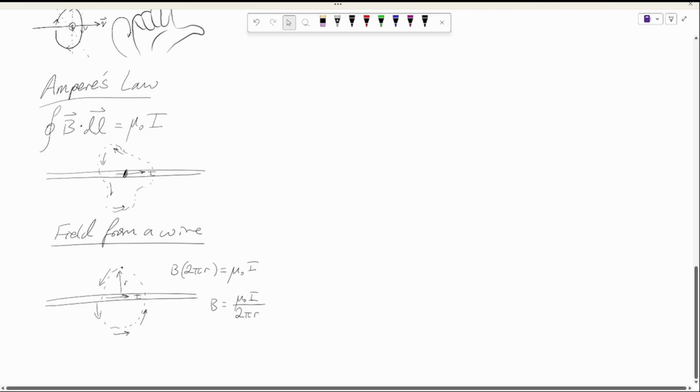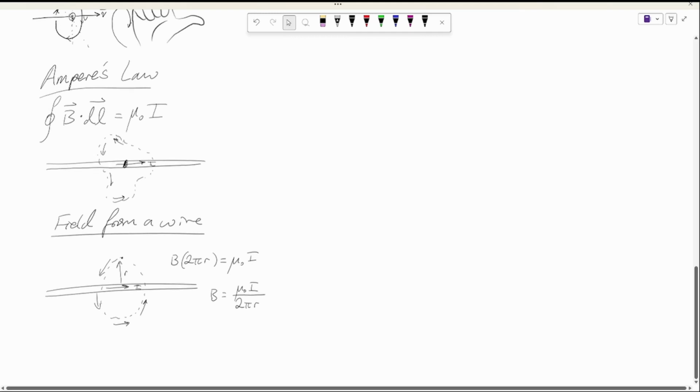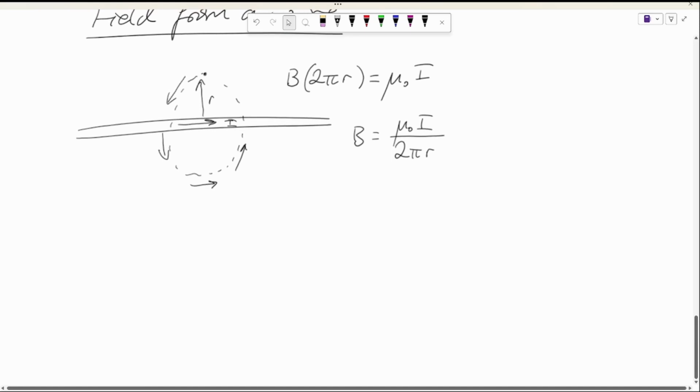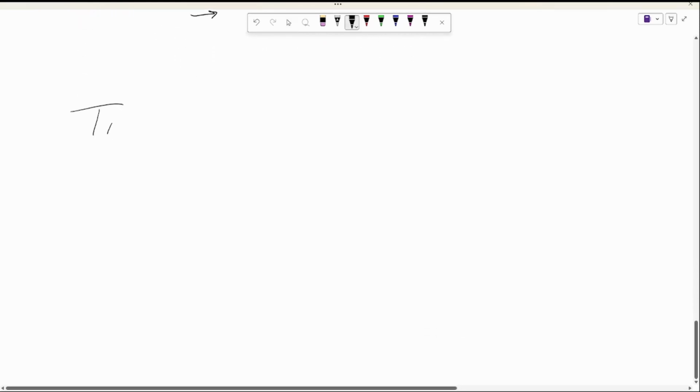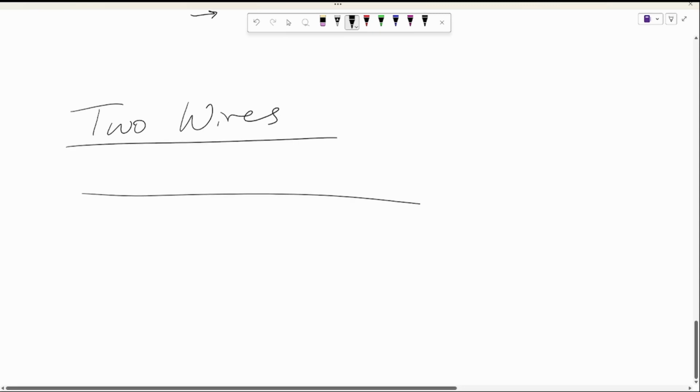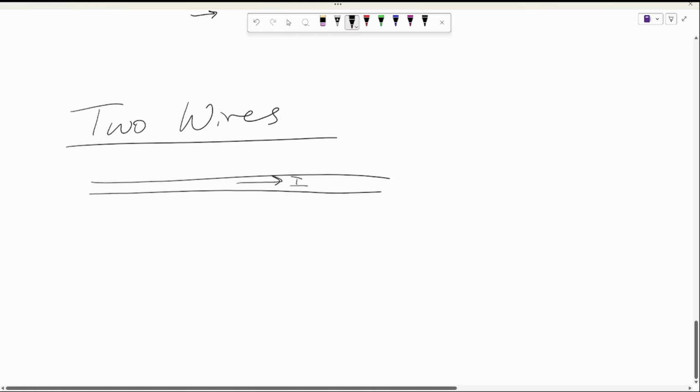Now, before we go on, let's do a pretty common practice problem. Two wires. We have a wire here carrying some current I in that direction, and there's another one parallel to it carrying the same current in the same direction, and they are separated by some distance r.